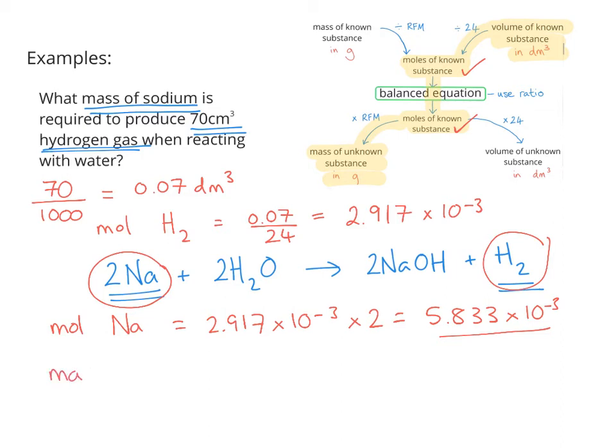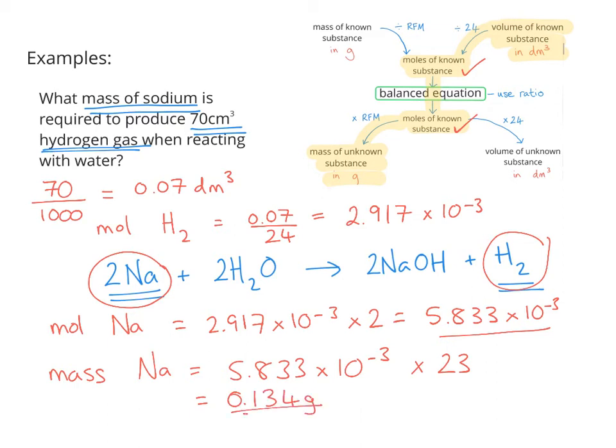So my mass of sodium is going to be number of moles, again, I've left it in my calculator, which makes it easier, times by 23, and that equals 0.134 grams. I'm going to leave it at 3 significant figures.